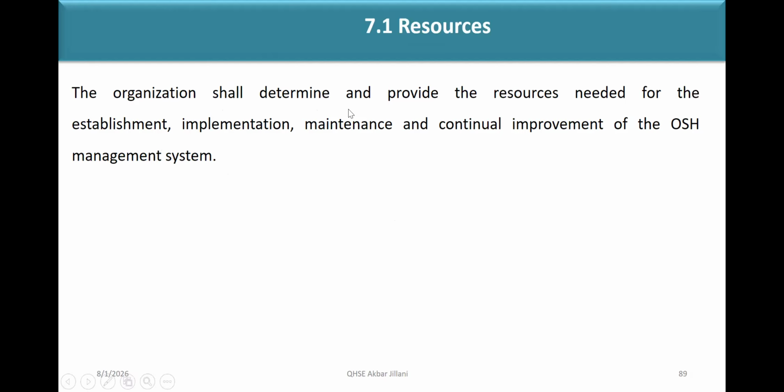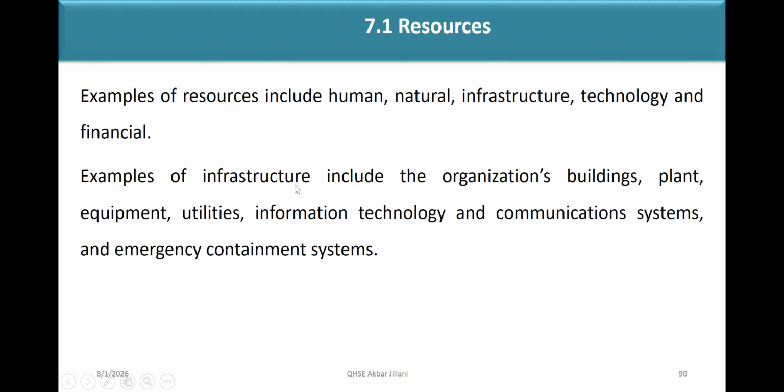The organization shall determine and provide the resources needed for the establishment, implementation, maintenance, and continual improvement of the OSH management system. Examples of resources include human, natural, infrastructure, technology, and financial.